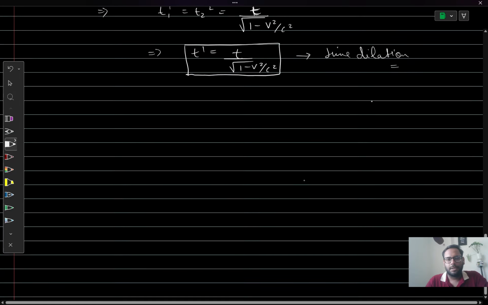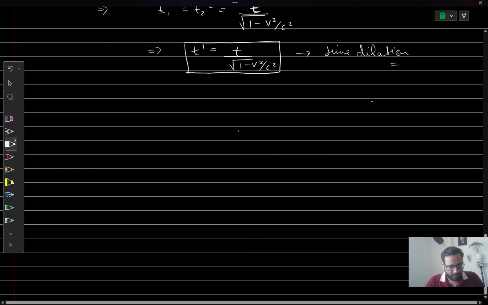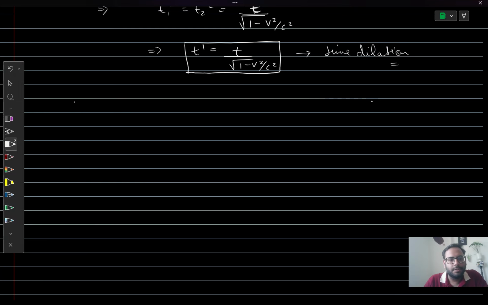Now let's collect what we have done. According to Lorentz, we have some transformations like this for length and time.